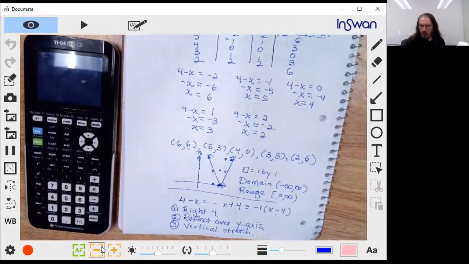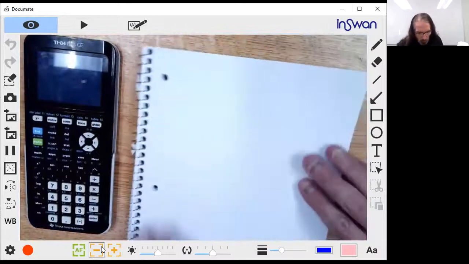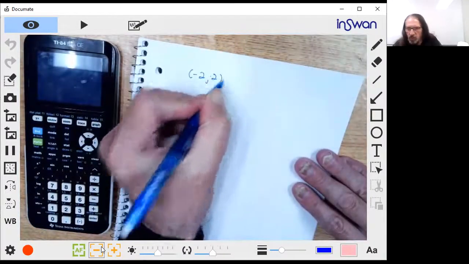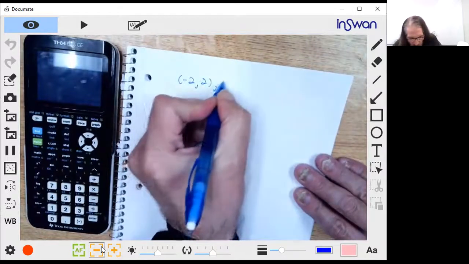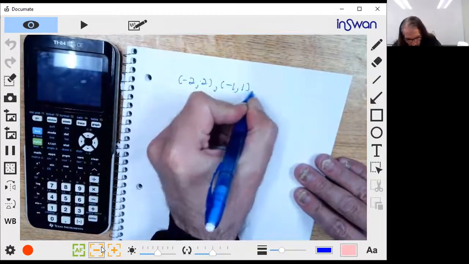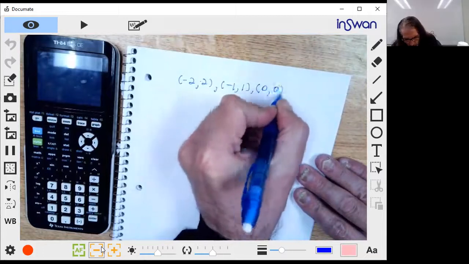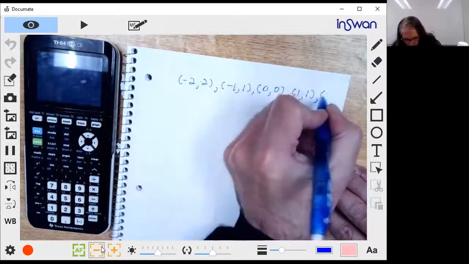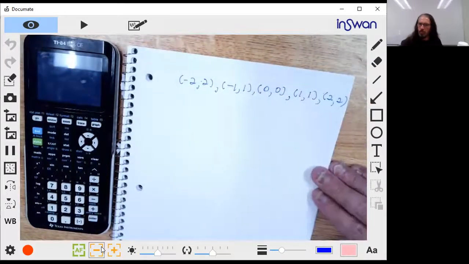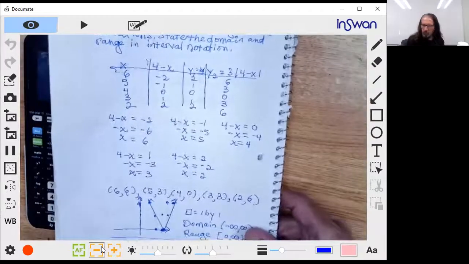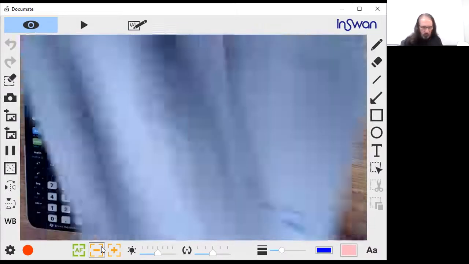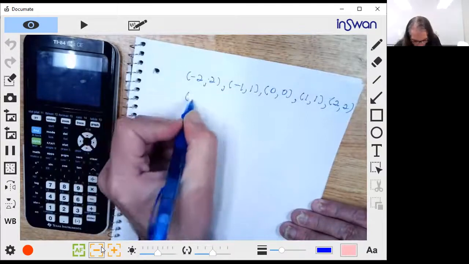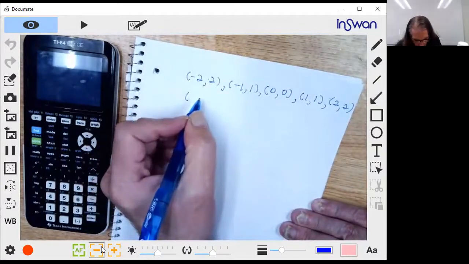So as a check of that, the points I started with for graphing the basic absolute value function, if I shift those to the right 4 units, then let's see here.